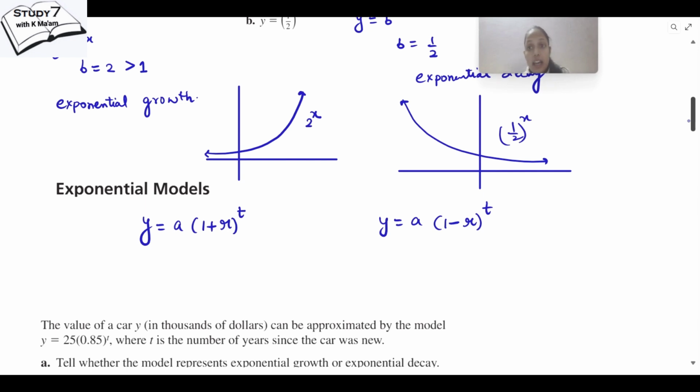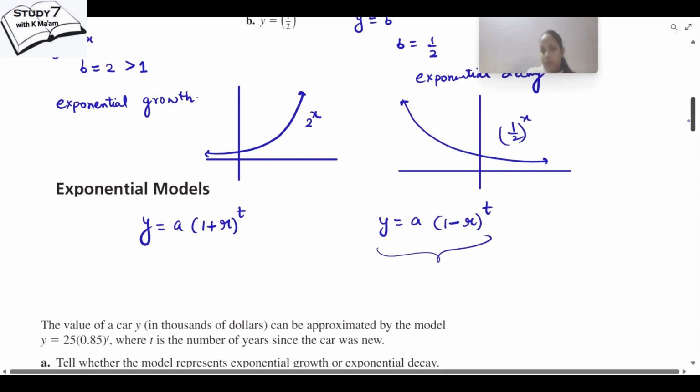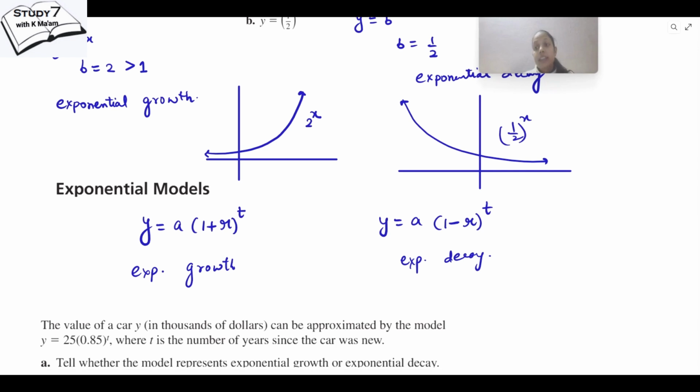A is the starting value, the initial value, and r is the rate. If it is a rate of growth, I will use the growth function. If it says rate of decay, then we have to choose the decay model.